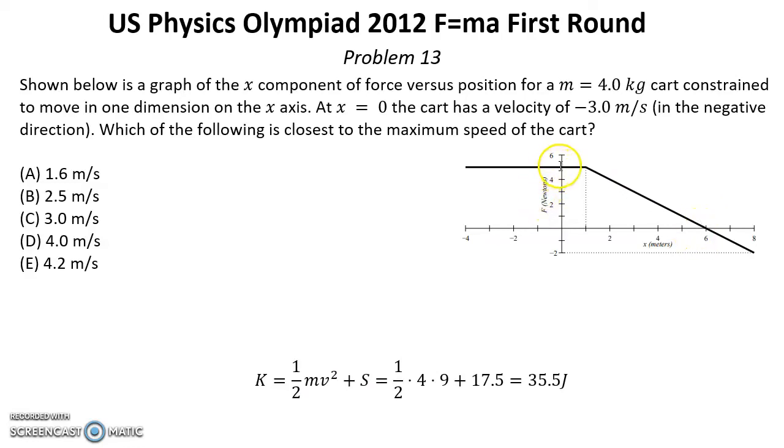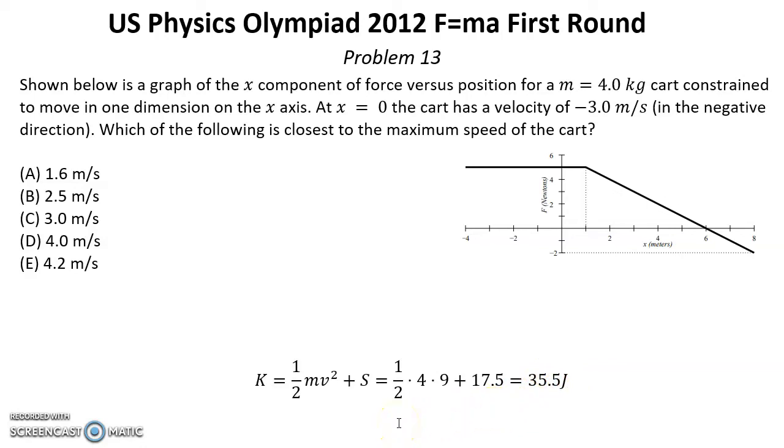We can mention that it doesn't matter that our body moves in the opposite direction initially, because it will return with the same speed in the positive direction at the same point. So the total answer will be 35.5 joules total kinetic energy.